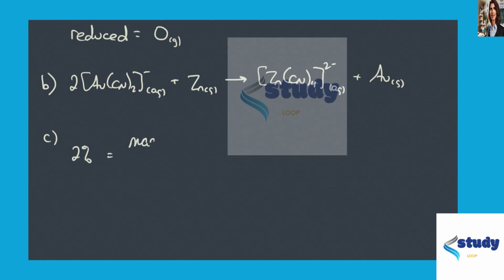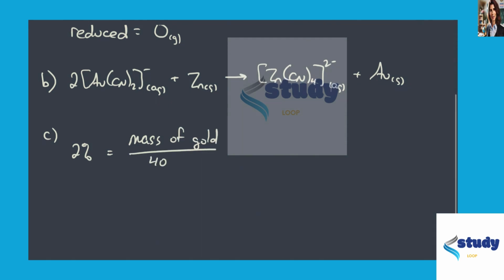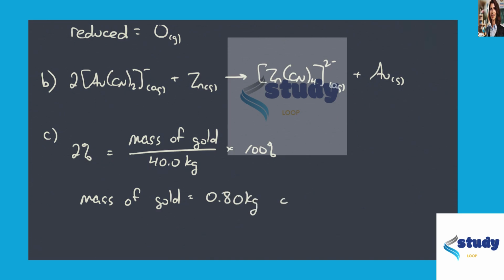So that's equal to the mass of gold over the 40 kilograms times 100%. If we solve here for the mass of gold, we'll get a mass of gold that's equal to 0.80 kilograms or 800 grams.